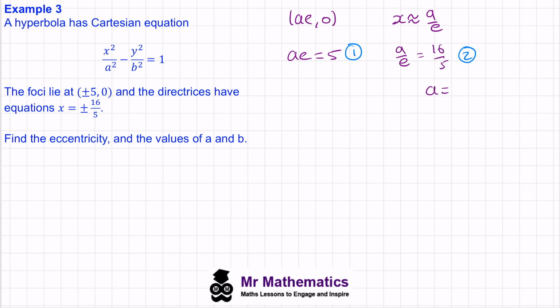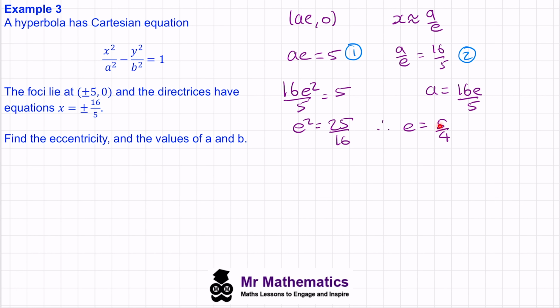So from equation 2, a will equal 16e/5. Putting this into here now, we get 16e squared over 5 equals 5. So e squared will equal 25/16. So therefore, e will equal 5/4. Again, I'm just considering a positive case for now.